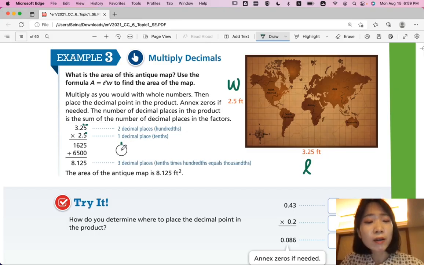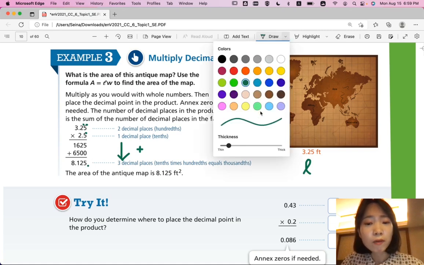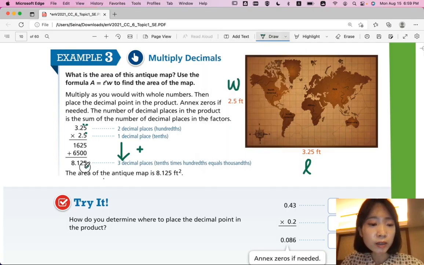But then you count the decimal places. And you're going to add the decimal places together and get 3 decimal places total. So from your answer, you're going to count 3 decimal places from the last digit. So from here, you're going to count 1, 2, 3.